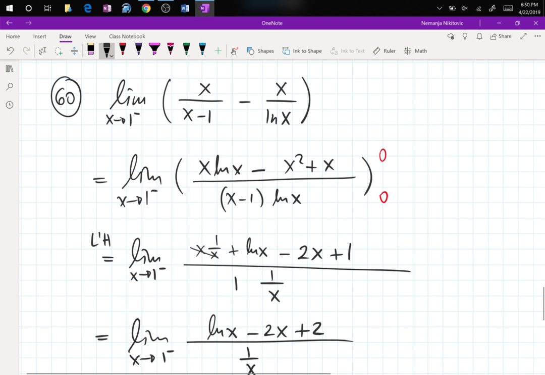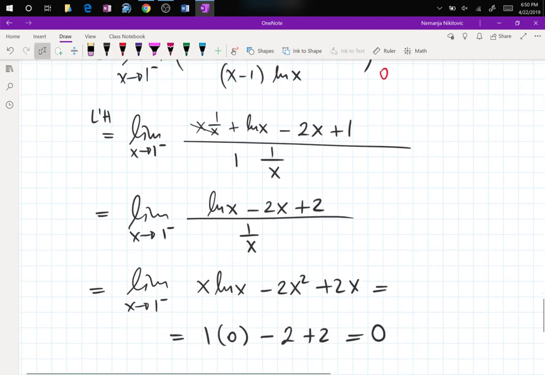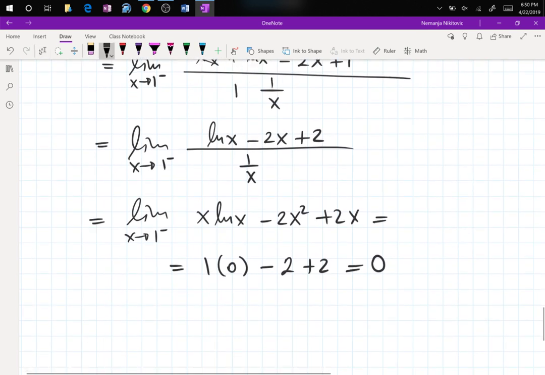Copy the first, derivative of the second, plus copy the second, derivative of the first is 1. These guys cancel. So you just have 1 there. Derivative of x squared is 2x, derivative of x is 1. 1 plus 1 is 2, minus 2x, ln x, 1 over x. Plug in the limit, the first one dies because 1 times 0. Minus 2 plus 2 equals 0.